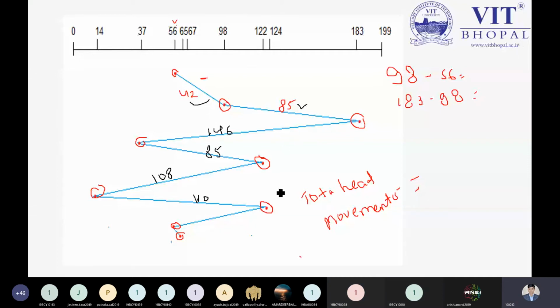And now we have 124 to 65. So it would be 59. Am I right? Please make the difference and just find the answer properly.